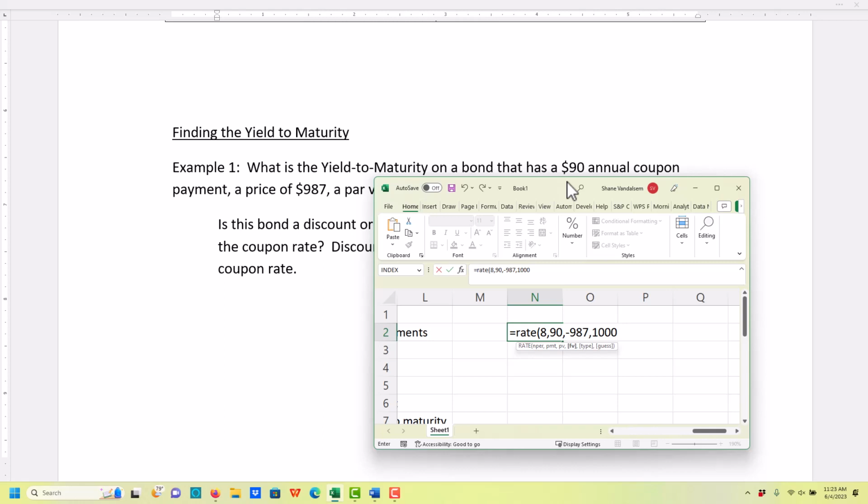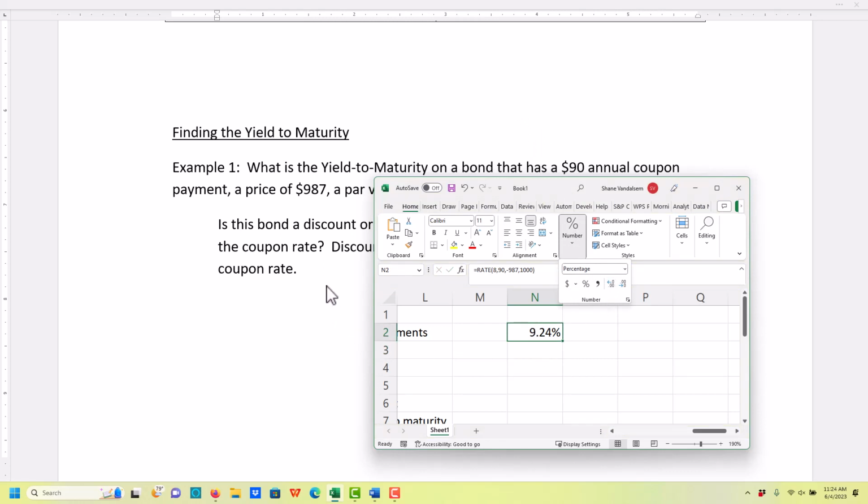My guess: if there is the possibility that there is more than one interest rate, and in this case there's only one, I could put a guess in there, and then Excel will choose the rate that is closest to the guess I put in. But I'm not going to do all that. I'm just going to put it in like this, and I get a rate of 9.24%.